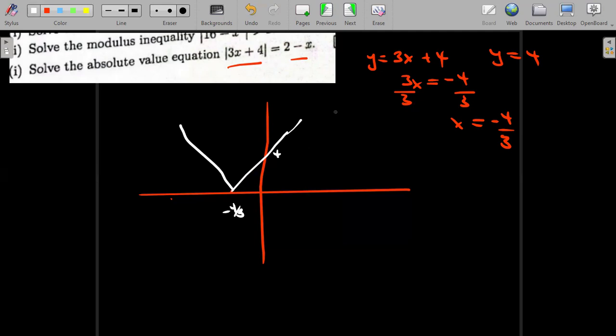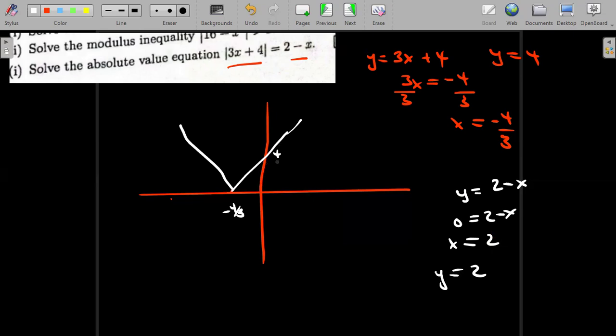Then you have to graph this other function here, which is 2 minus x. So let's say y is equal to that. When y is 0, we get that our x is just equal to 2. And when x is 0, our y is equal to 2. So that's where this linear graph is going to cut.